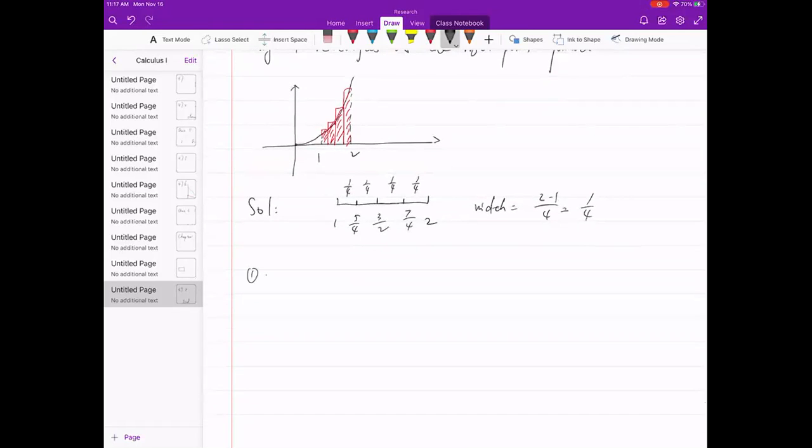Second, for each rectangle, the first one is going to have width 1/4. Now remember, we're taking the right endpoint formula. So for the first interval, you should really take this number. That's what we call the right endpoint formula or right point formula.